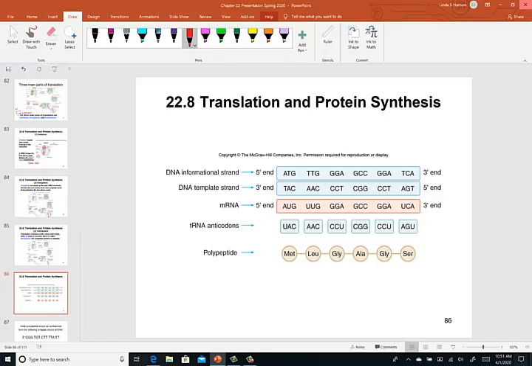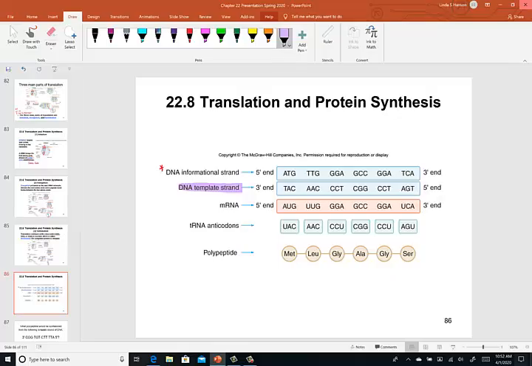So when we think about the whole process of coding, remember that the genetic information is stored on a DNA molecule. Remember that we read what's called the template strand. Of the 2 strands in a DNA molecule, one is read, one is not read for the protein synthesis.